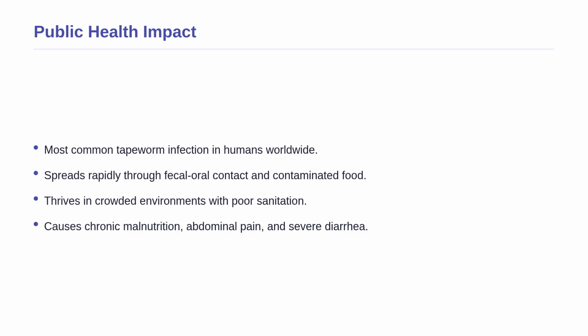Because of its autoinfection cycle, an untreated infection can last for years. This persistent burden causes chronic malnutrition, severe abdominal pain, and debilitating diarrhea in vulnerable populations. By grasping these biological dynamics, medical professionals can intervene early, stop outbreaks in crowded environments like daycares, and ultimately protect community health.